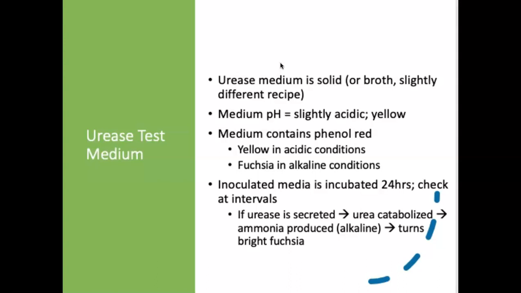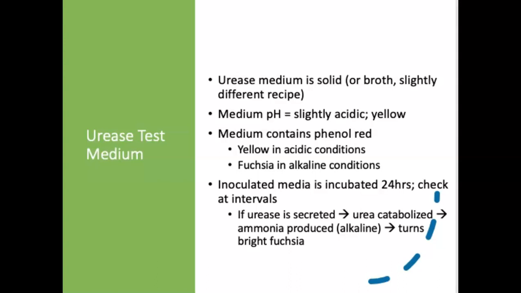Now, urease medium can be used as a solid or a broth. In my experience, most people use the solid form of this media, and it will be used as a slant tube. It is possible to mix this stuff up as a broth, but you have to use a slightly different recipe than what I showed you a moment ago.